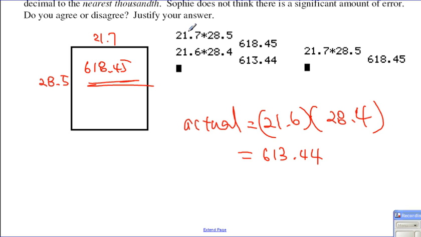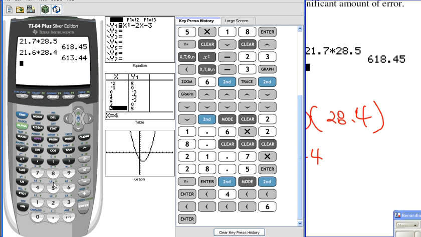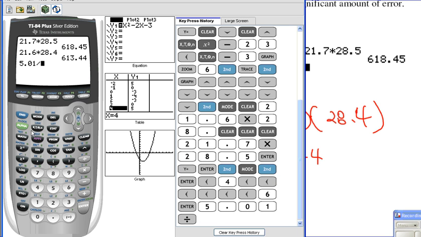Now then, another part of the question is this. Let's try to find out the difference. And the difference between those two would have been 5.01. In fact, relative error becomes 5.01 divided by the actual, which would have been 613.44. So let's try looking at that. 5.01 divided by previous answer.